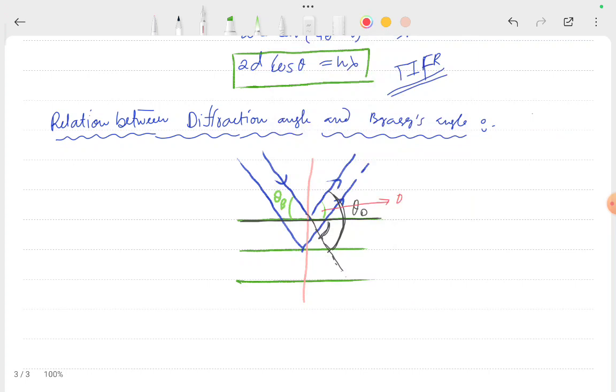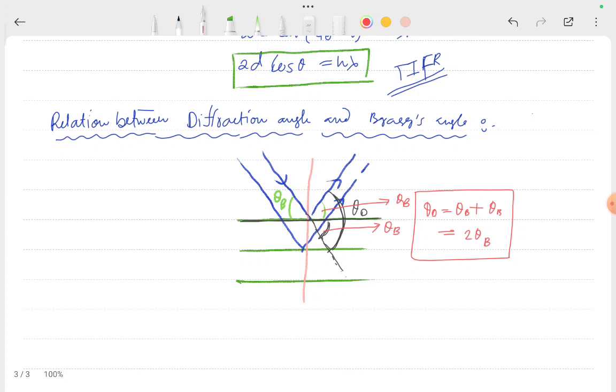So theta d is equal to theta b plus theta b, that is equal to 2 theta b. This is the angle 2 theta b. So theta d is equal to 2 theta b. This is the relation between Bragg's angle and diffraction angle.